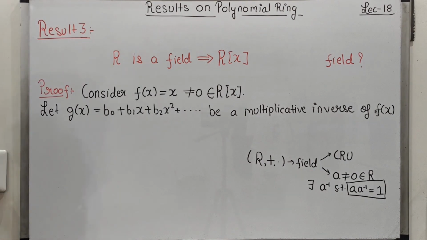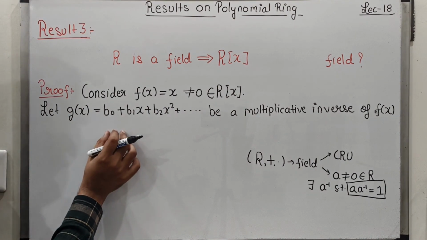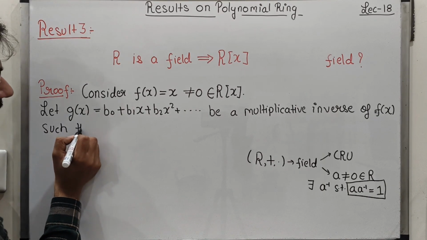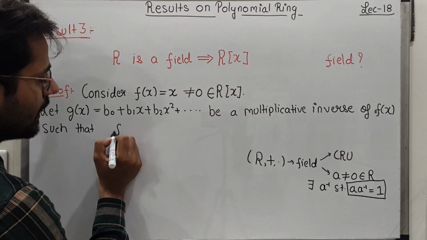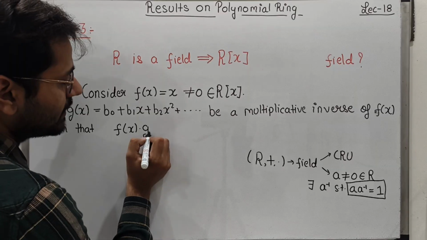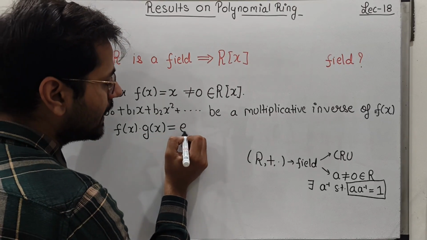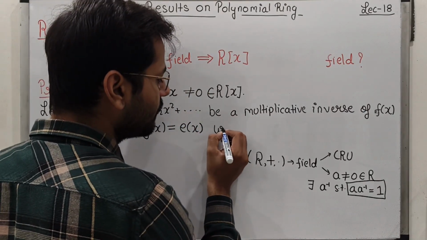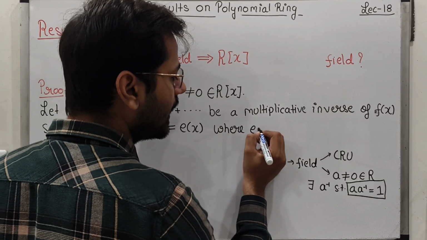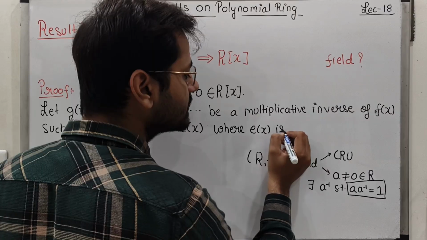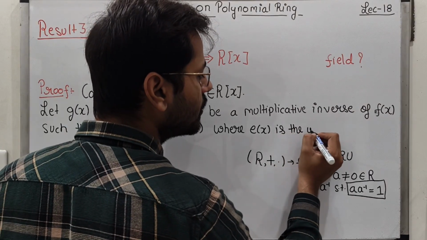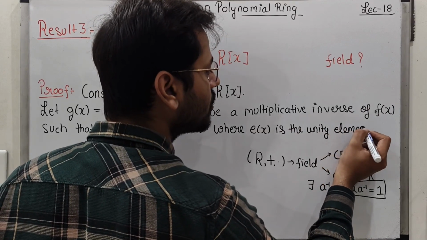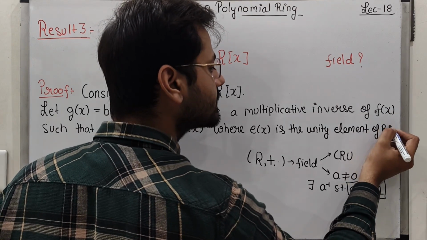If g(x) is the multiplicative inverse of f(x), then if I operate f(x) with g(x), we get the unity element, which is e(x) in the polynomial ring R[x], where e(x) is the unity element of R[x].